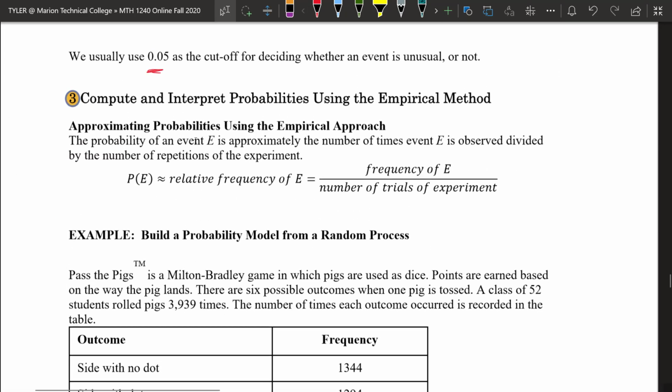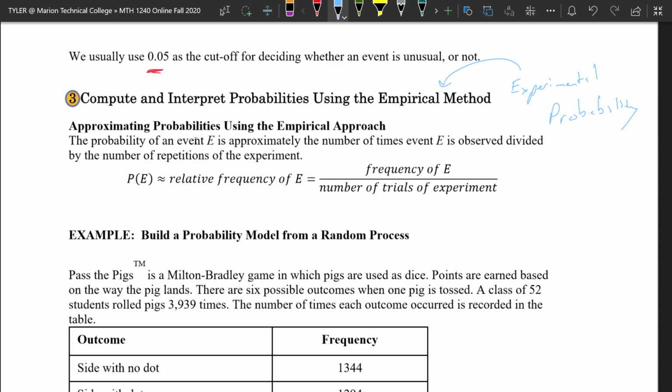So then part 3, we want to be able to compute and interpret probabilities using the empirical method. The empirical method can often be referred to as experimental probability. So it's a probability, or in other words, a relative frequency of doing some experiment.